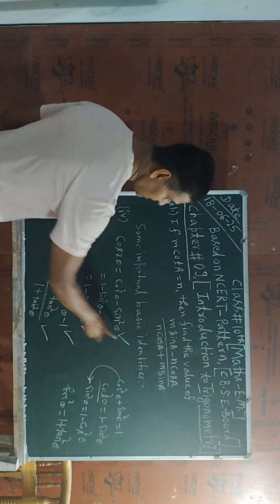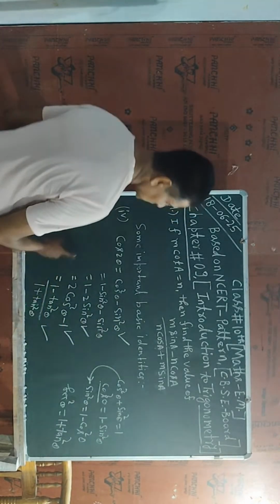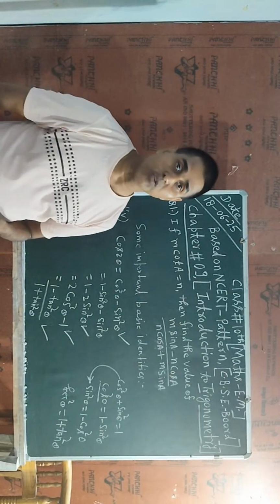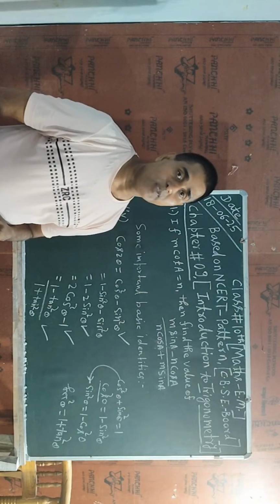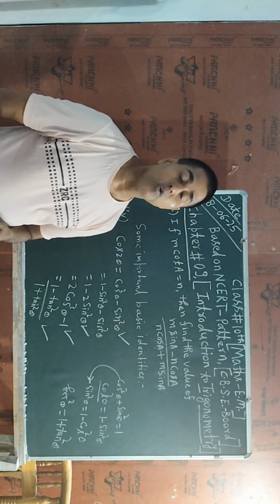So I have 4 formulas for cos 2 theta, 1, 2, 3 and 4. All these formulas are required for solving a big question in trigonometry. Okay. So each and every identity of trigonometry is very important. Positively you have to learn it.